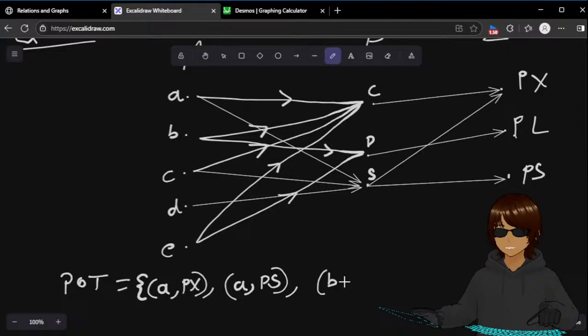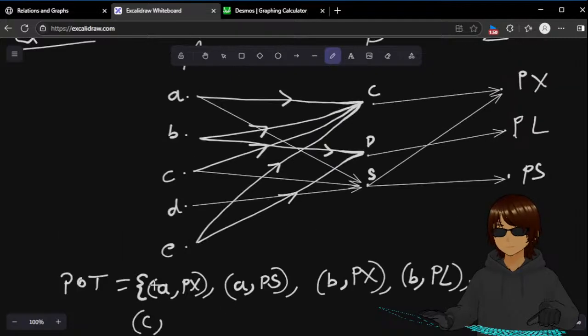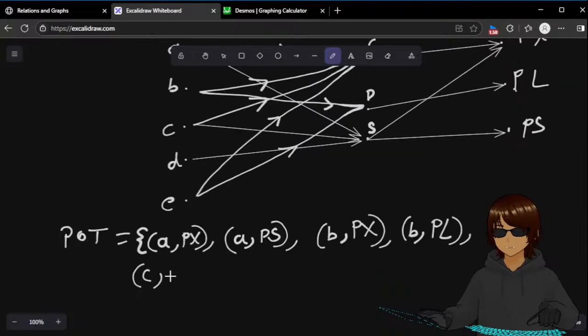And B, I think B was Bob. Bob px. Bob pl. There's no third one. Px. PS.